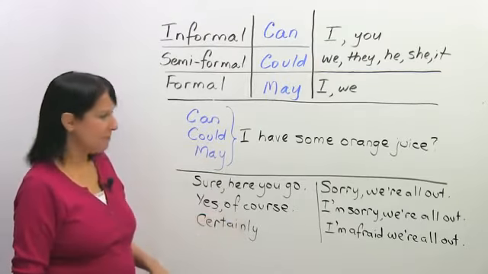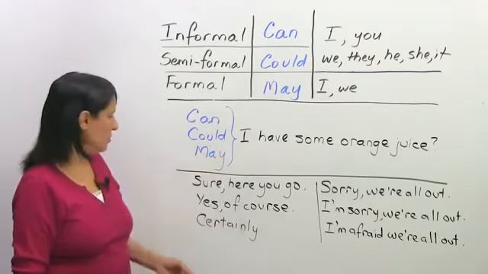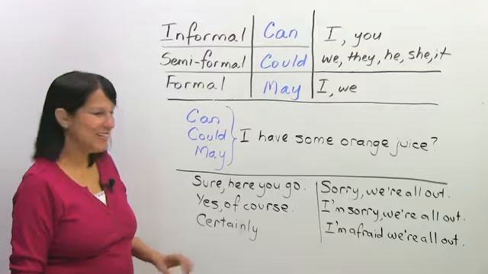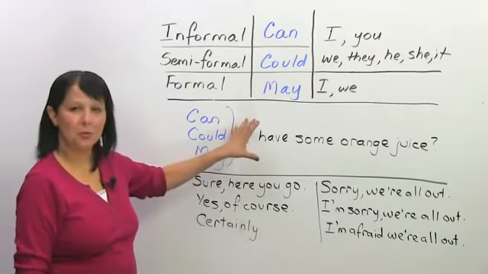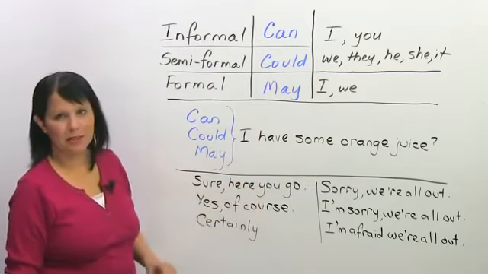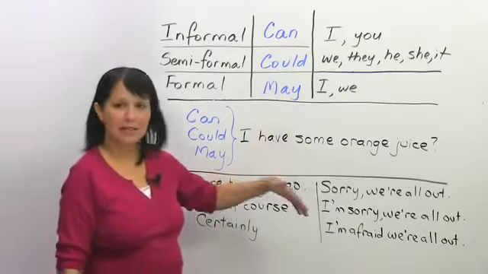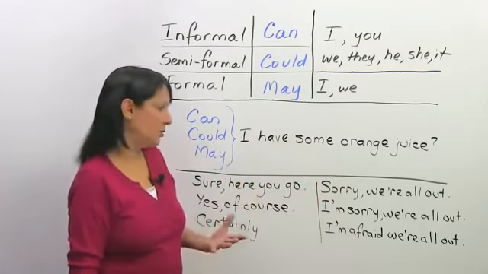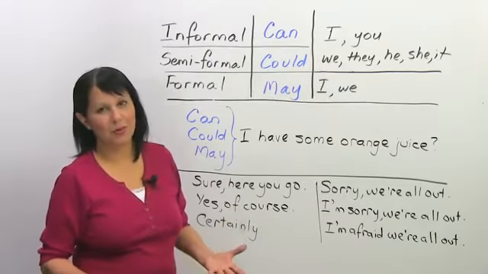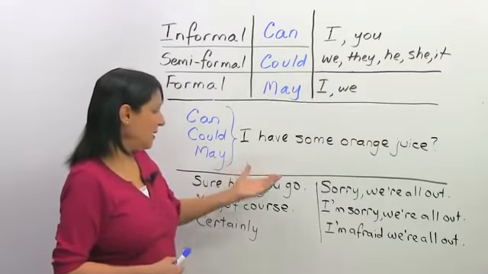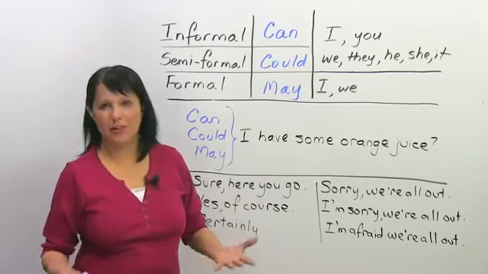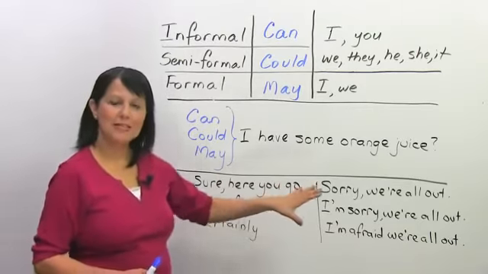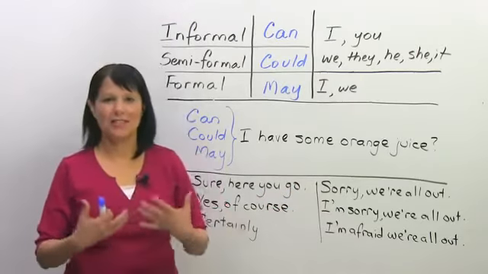Yes, of course. May I have some orange juice? Certainly. So you see that the formality of the question matches the formality of the answer. If it was negative, can I? Sorry, we're all out. Could I? I'm sorry, we're all out. May I? I'm afraid we're all out. Same basic information, but represented quite differently.